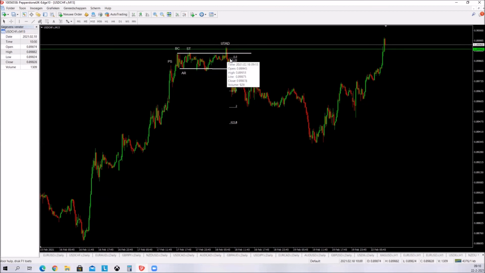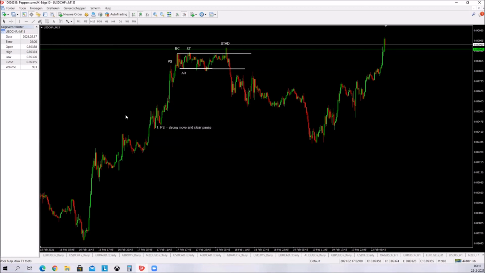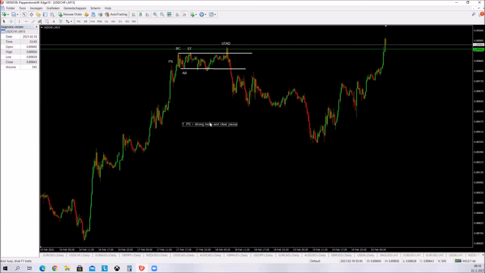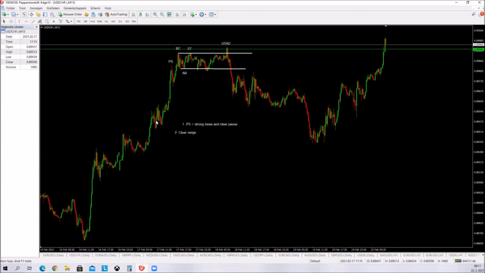But I wanted to explain why this is not reaccumulation. First of all, the preliminary supply, so that's number one. That's very, very telling. So a strong move and a clear pause in the trend. The second thing is the clear range forming, so basically generating liquidity at both sides of the range.